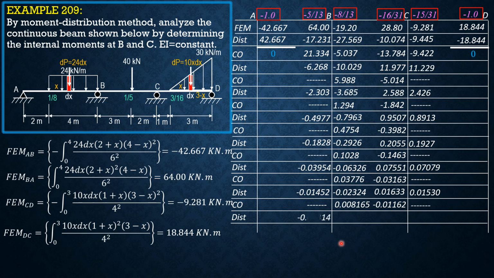In slope deflection equation and three-moment equations, this value is negative 58.792, I think, and here negative 13.317. Therefore, moment at B is negative 58.794. Moment at C, negative 13.317 kilonewton meter. So that's it for this problem.